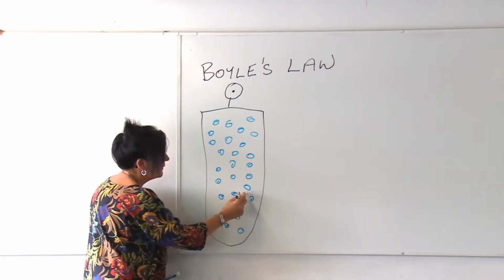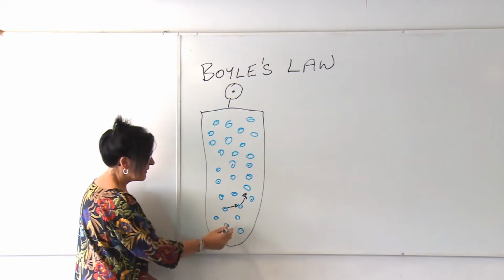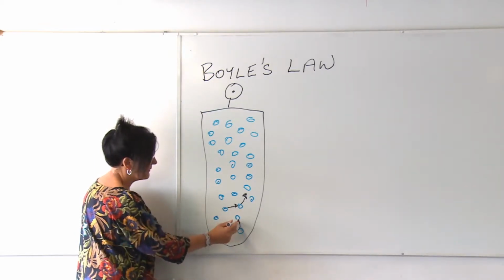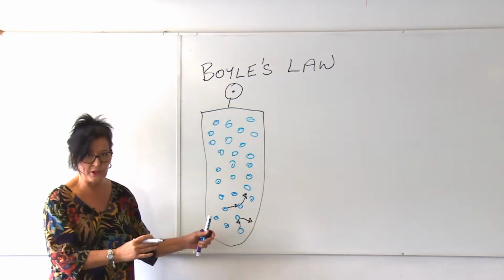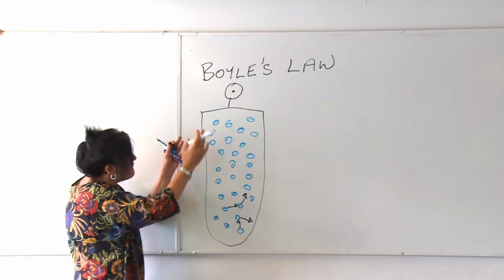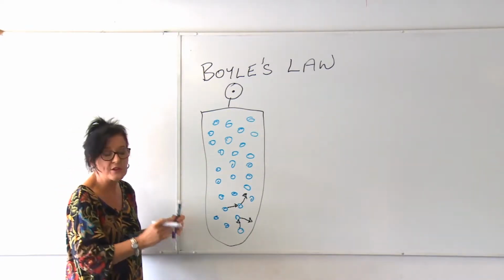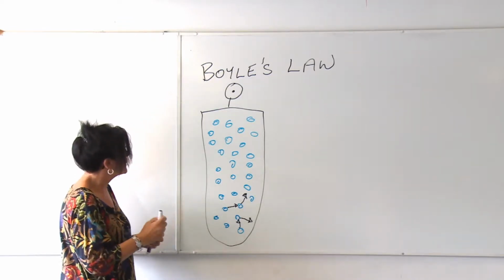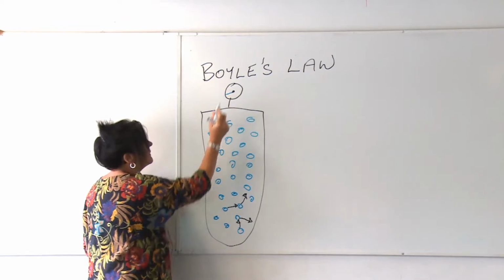This one might go off in that direction. It's less likely, so say we have this one, it can happen because that's what gives us the pressure. It can hit the sides, giving us the pressure. But in this size container, it's less likely to happen, so we have lower pressure. So our gauge might be there.